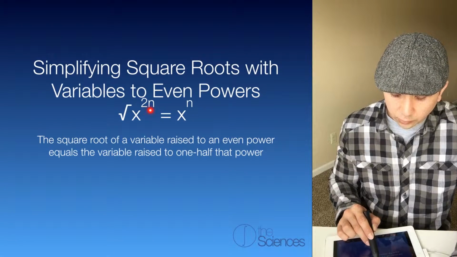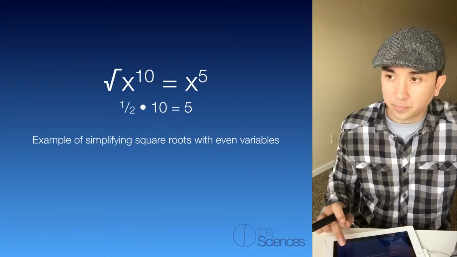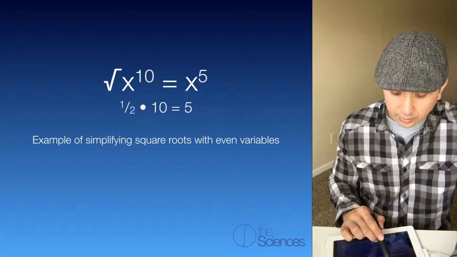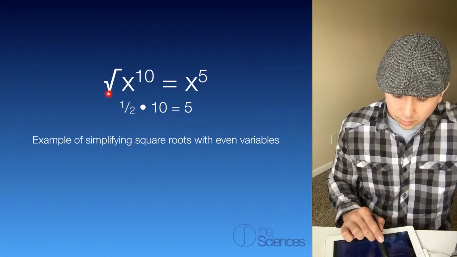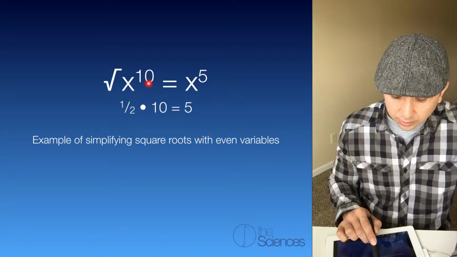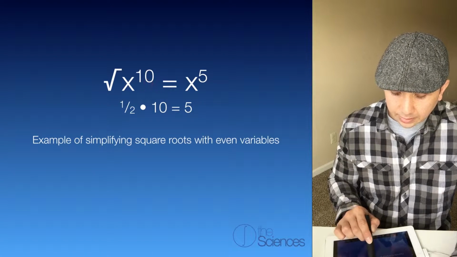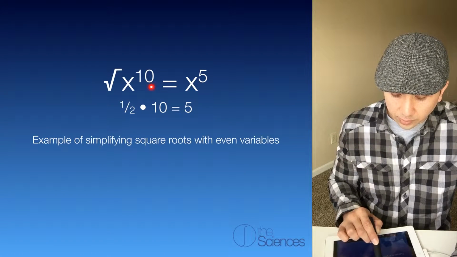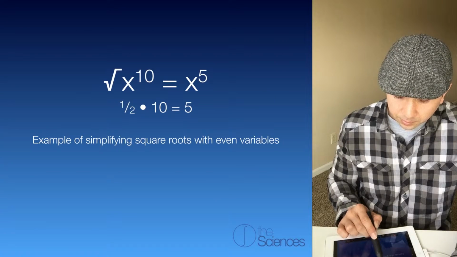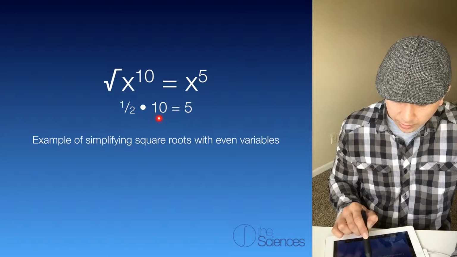So 1/2 of 2n is just n. So here's an example. The square root of x to the 10 is just x to the 5 because 1/2 times 10 is 5.